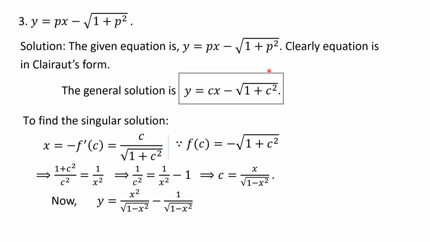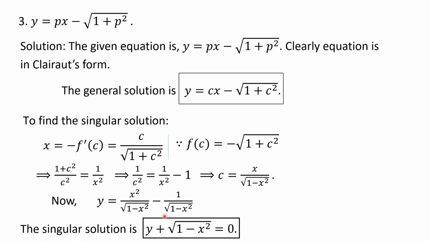So with the minus sign already here, it is x square by root 1 minus x square minus 1 by root 1 minus x square. So further we can simplify by taking LCM. So here it is x square minus 1 by root 1 minus x square, or x square minus 1 I can write minus of 1 minus x square, which cancels the denominator root 1 minus x square and gives minus of root 1 minus x square.